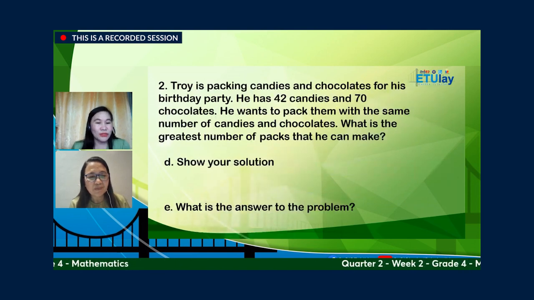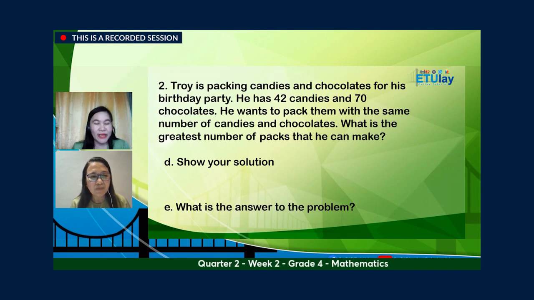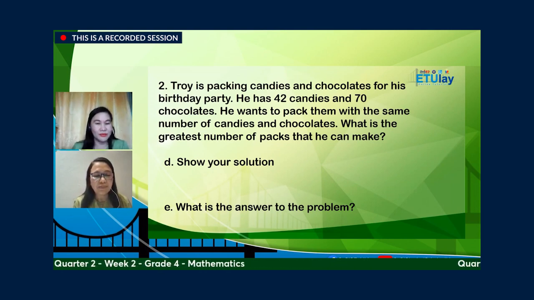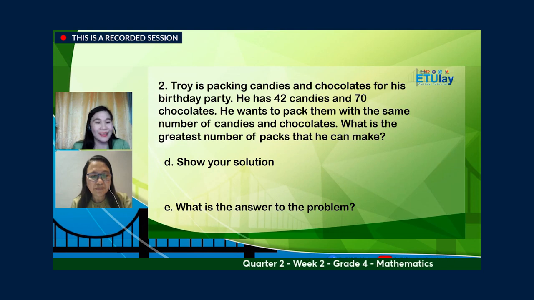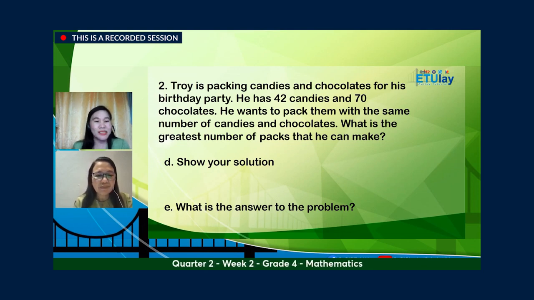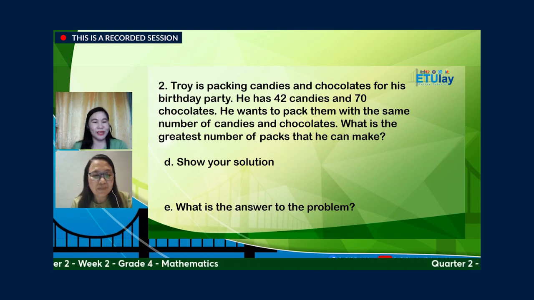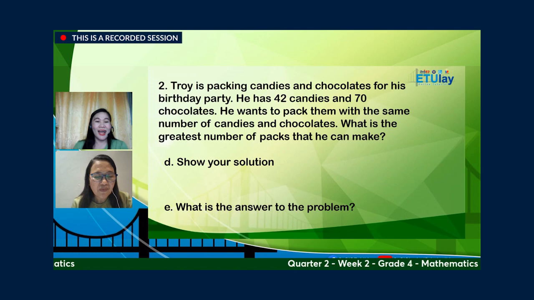So, show your solution. Again, in finding the GCF, any of the 3 methods can be used. Okay. So sige nga, ano nga ba ang pwede ninyong gamitin? Alin ba doon ang mas sanay kayong gamitin, mas mabilis nyong gamitin, at mas bihasa kayo doong method na gagamitin? Pwede po. Lalabas pa rin ang tamang sagot. Okay.